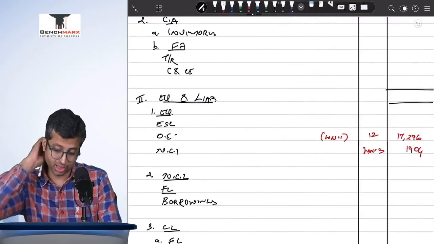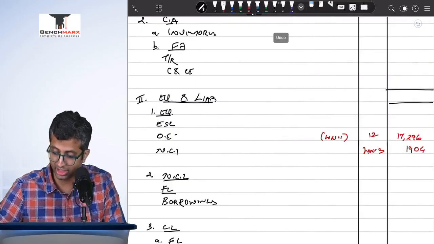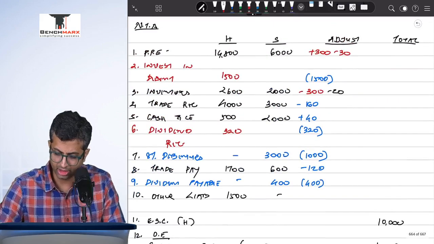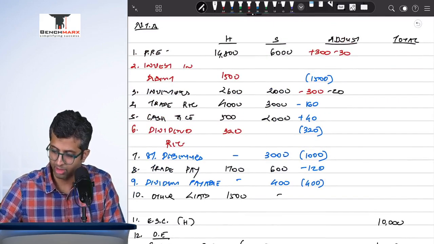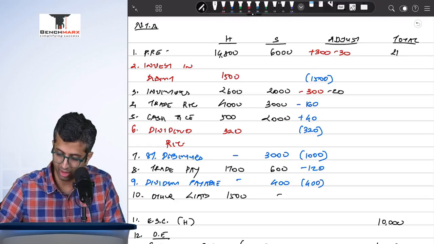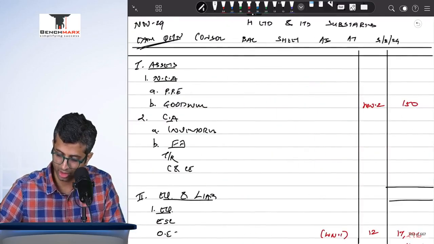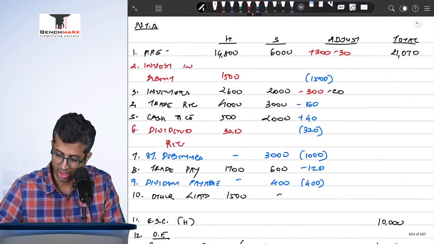A lot of your marks are largely attributable to these line items. Other than that, what else do you have? PPE, which is 14800 plus 6000 plus 300 minus 30, 21070. Note number 1, 21070. Then your investment in debentures is eliminated.